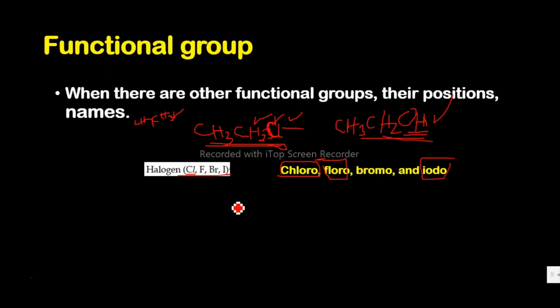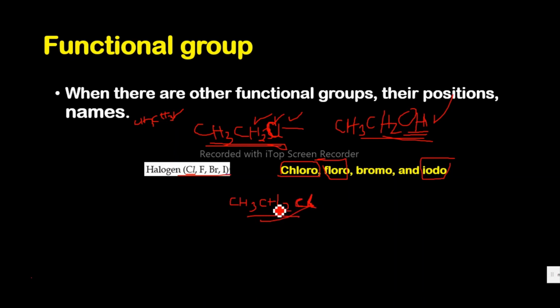For example, we can name this together. We might have CH3, CH2, Cl. Now this one, this is the Cl. It was just a keyboard mistake.